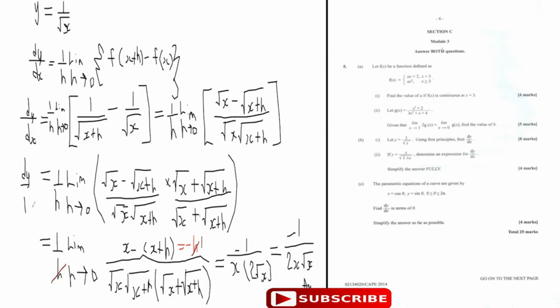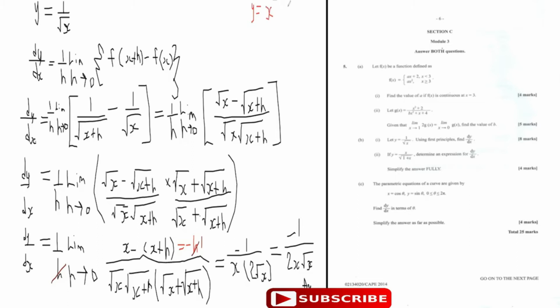Now, if you don't believe your answer, you can always check it. That's the beauty about first principles: you can know when you're right. You don't need an examiner or your lecturer or your teacher, because you can differentiate it. If y is equal to 1 over root x, in reality y is x to the minus half.